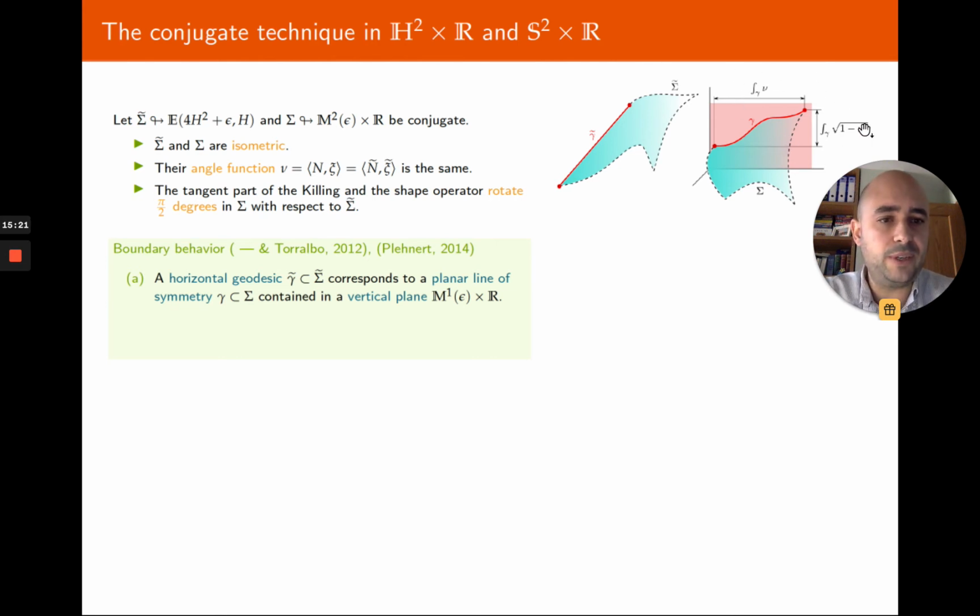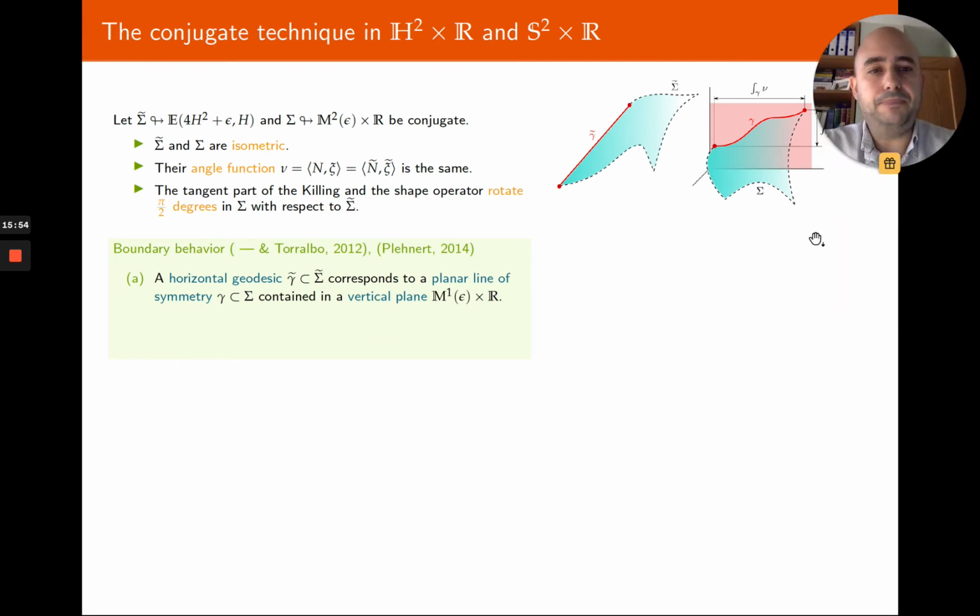One has to be careful here because this is some kind of signed length, in the sense that the angle function could be positive or negative, and also this square root could be positive or negative, though I have written it positive here. So one has to look for points where nu is equal to 0 or nu is equal to plus or minus 1 to see if this curve goes up or down and to the left or to the right.